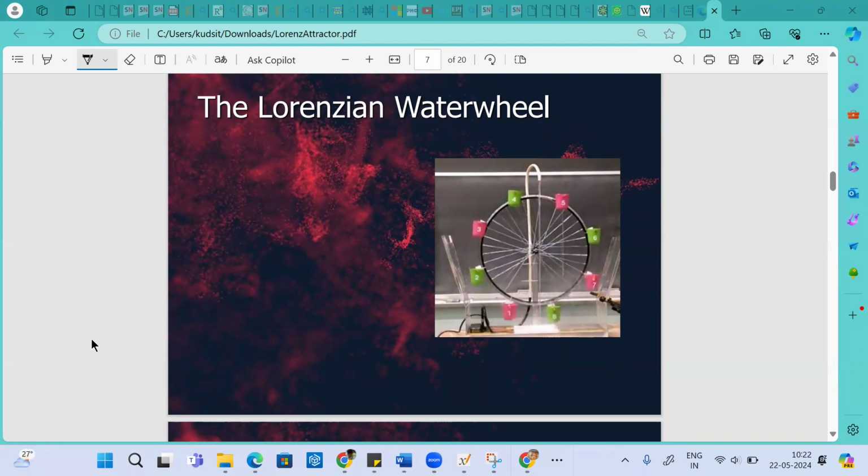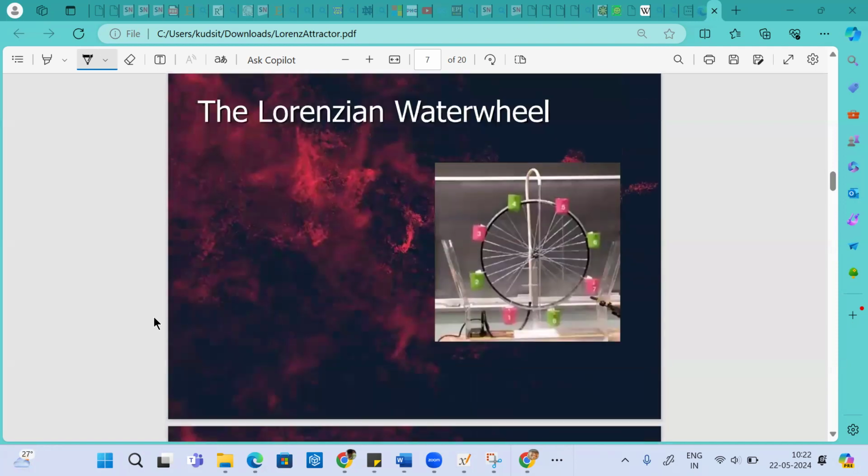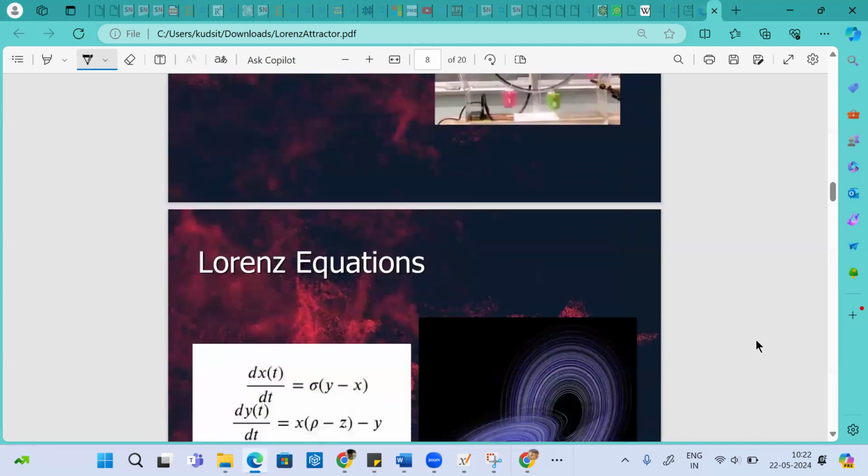All these cups have a hole in their bottom, and water is filled from above. You can look up the Lorenz water wheel on YouTube and watch it.